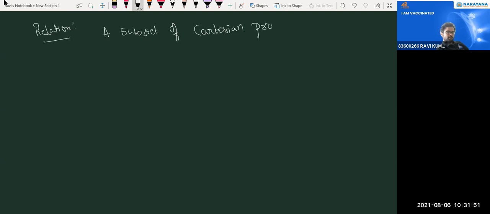Relation is a subset of Cartesian product. Now, here also you have to write the result. Everyone must write this result one more time if possible. If set A has M elements, definitely on Monday the exam they will ask this, and set B has N elements.